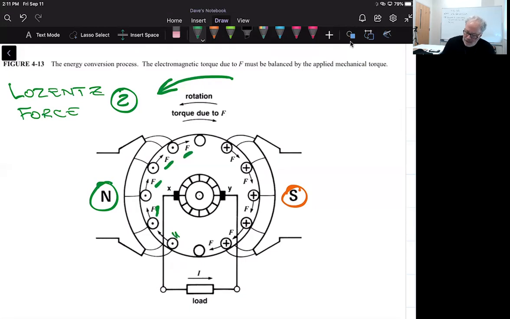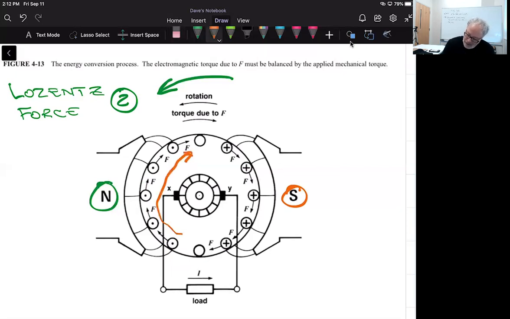Well, look what happens to these conductors. All of them have these forces indicated, and notice that in totality, they're all in the same direction, across there.